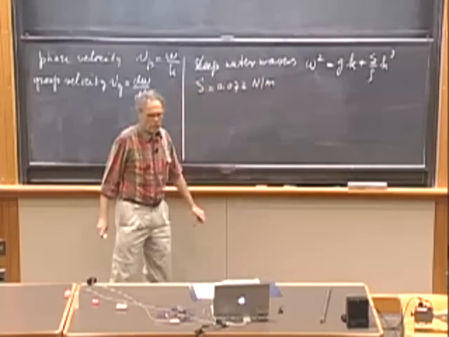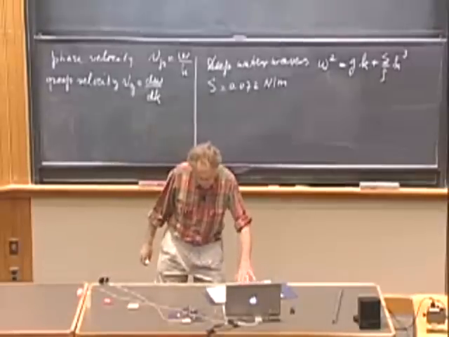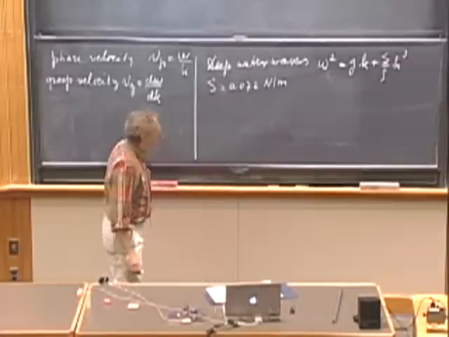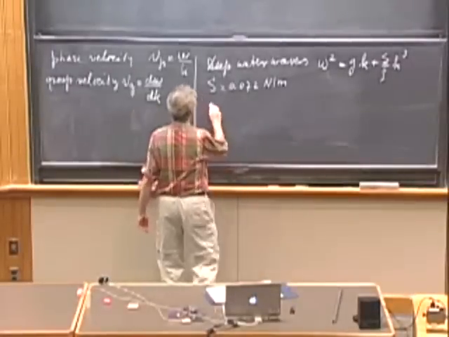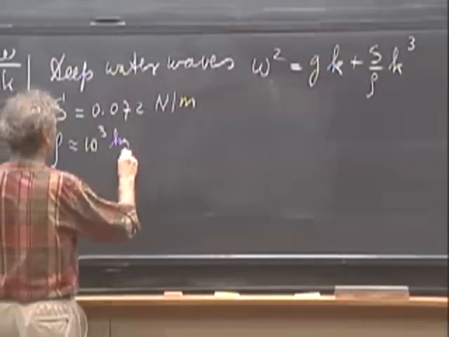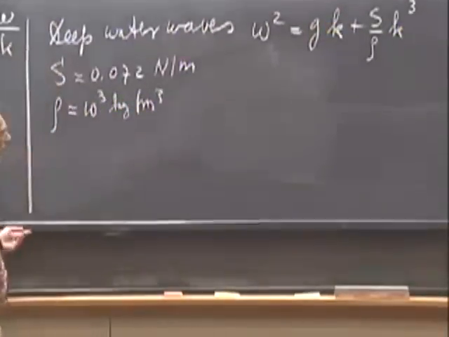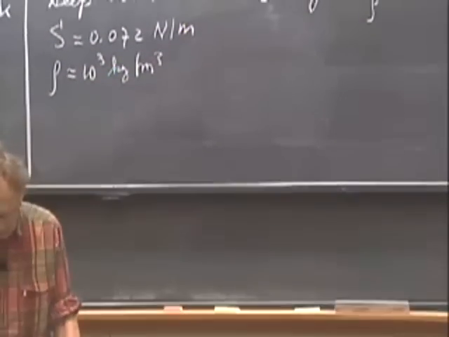I don't know whether you've dealt with surface tension in 801, but if not, you can just accept this S. And the density of water, rho, is about 1,000 kilograms per cubic meter. That, of course, is a little different for seawater, but that's a nice number to use.